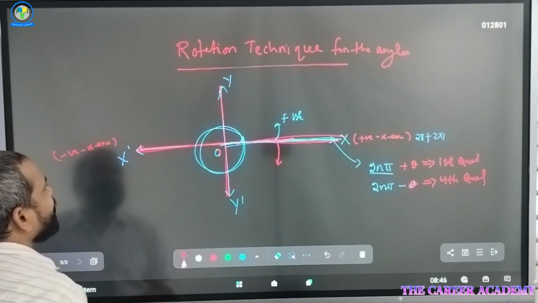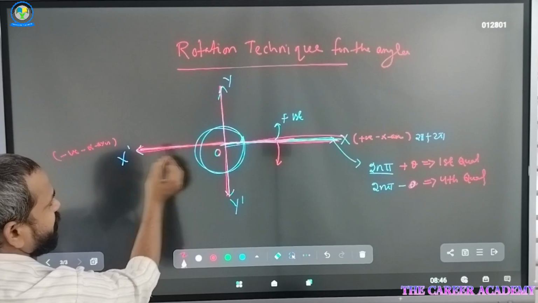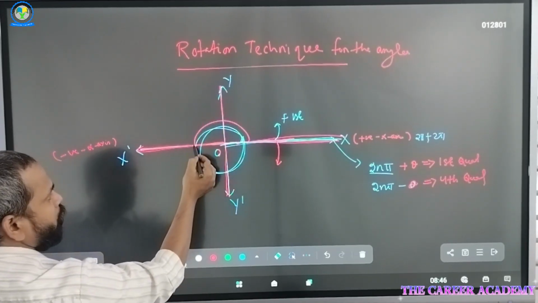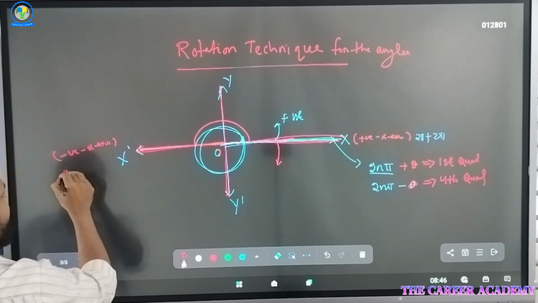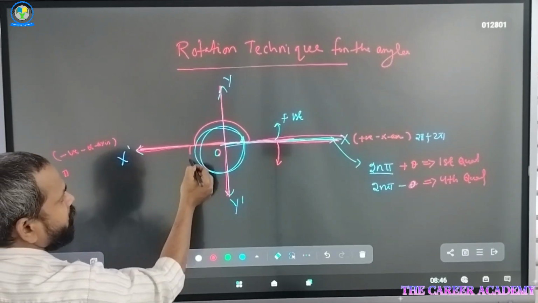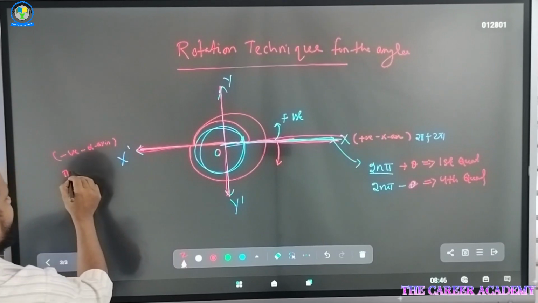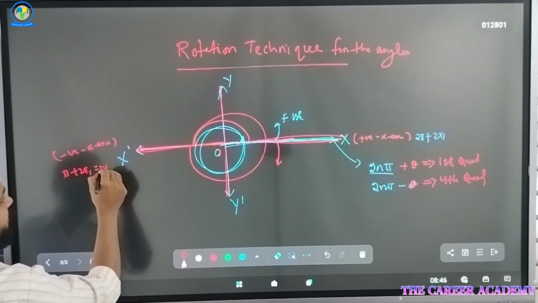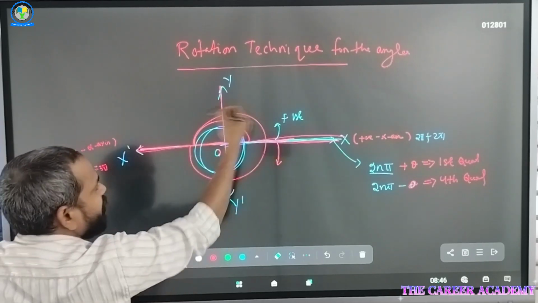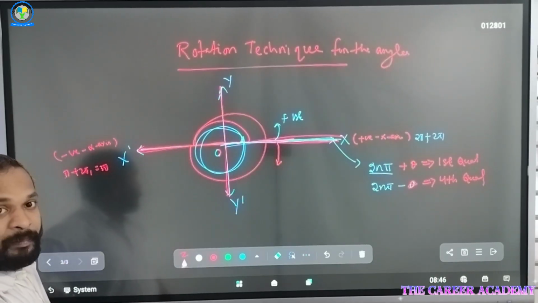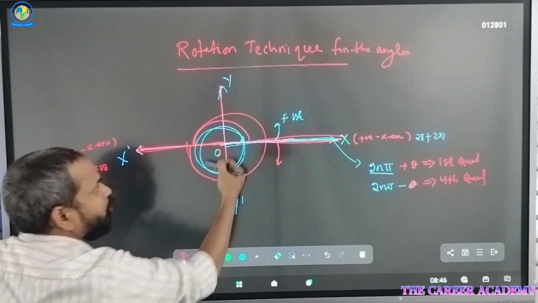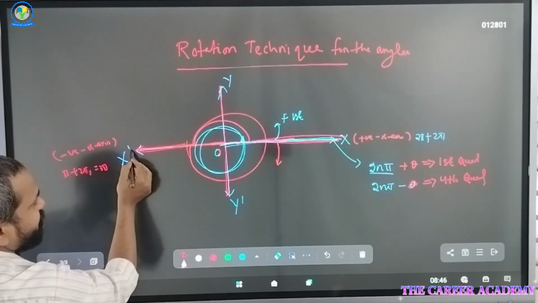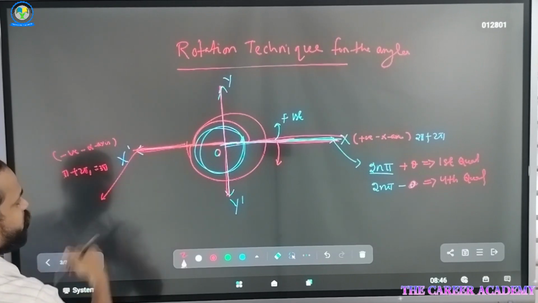Clear? Now come to the negative x-axis form. When you come from this to this portion, it is pi. Again from here, one complete rotation, again 2 pi. That is pi plus 2 pi, it is 3 pi. Again you do another rotation, it can be 5 pi. Again do another rotation, it can be 7 pi. That is, the negative x-axis behaves as what?